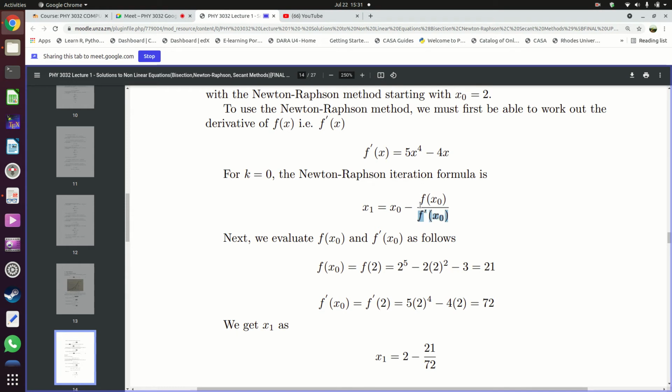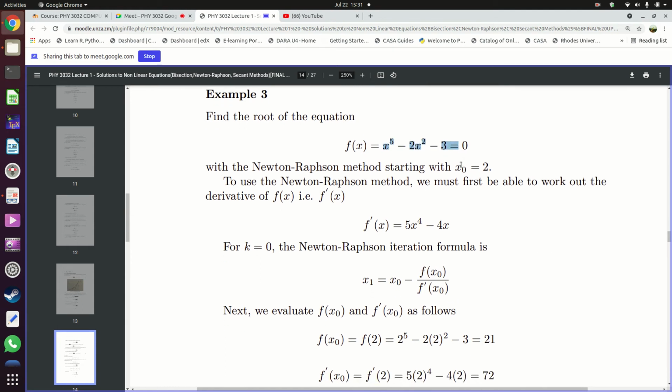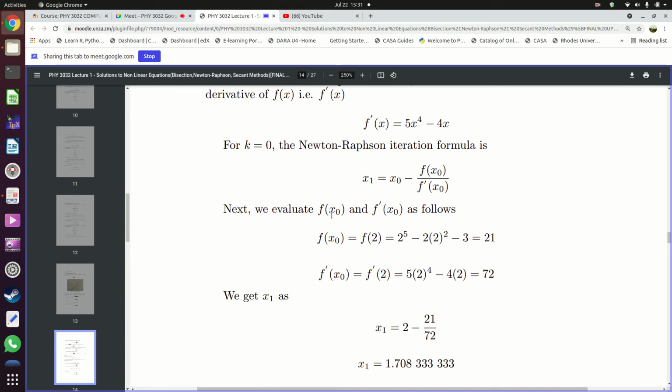Since we know what f of x is, that's the expression we have here, you substitute in the value of x0. So f of x0 is going to be f of 2, which is 2 to the power 5 minus 2 times 2 to the power 2 minus 3, and that's going to give you 21.